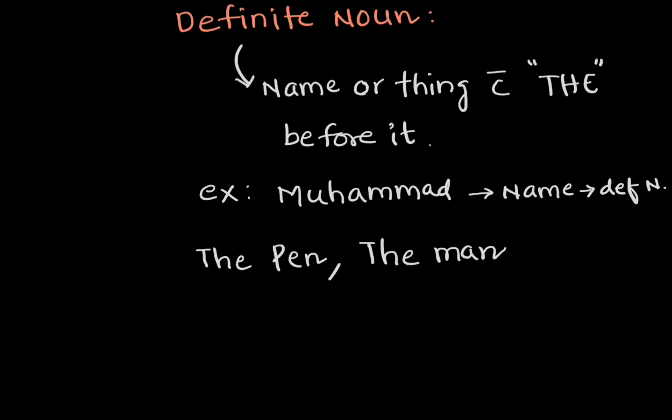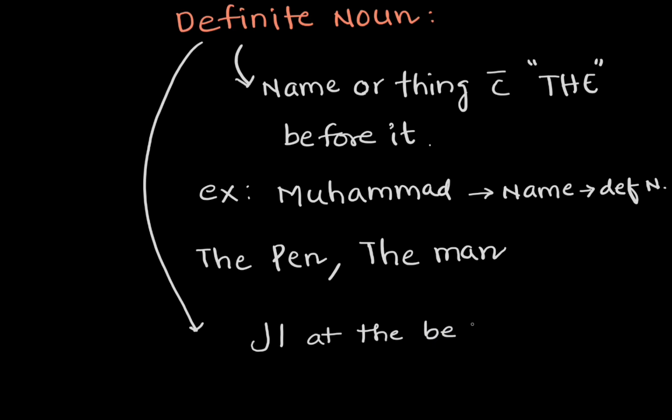Now how to identify a definite noun? A definite noun is identified by alif lam at the beginning. If a noun starts with alif lam, such nouns are known as definite nouns.